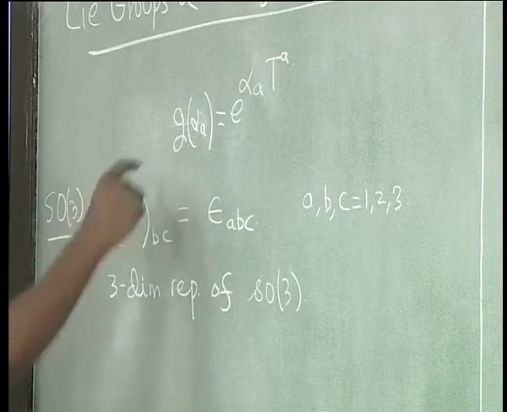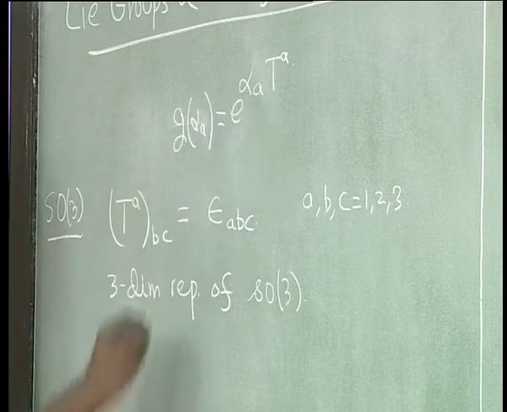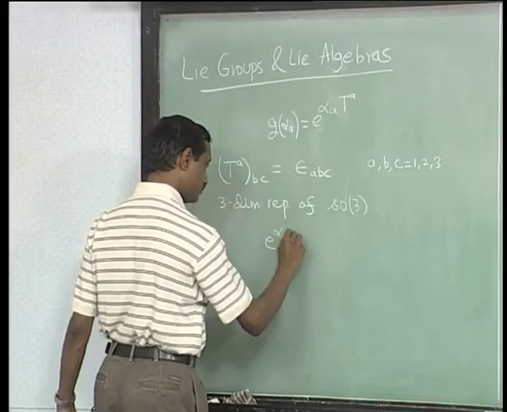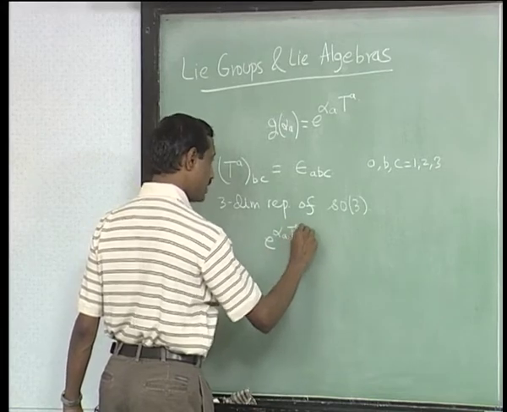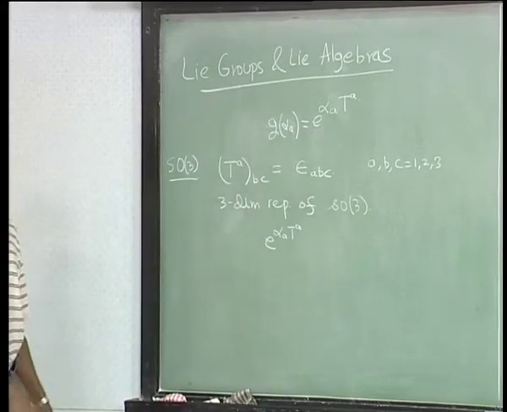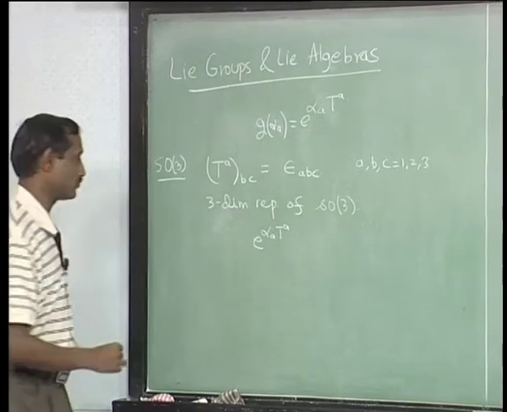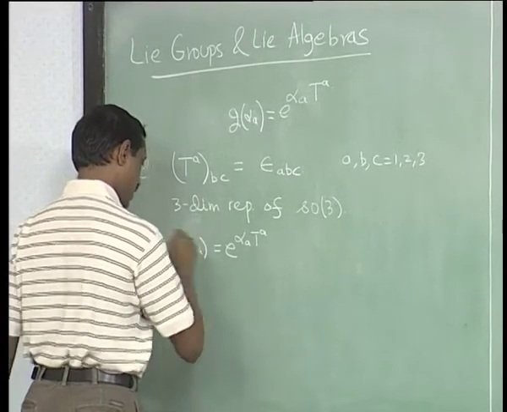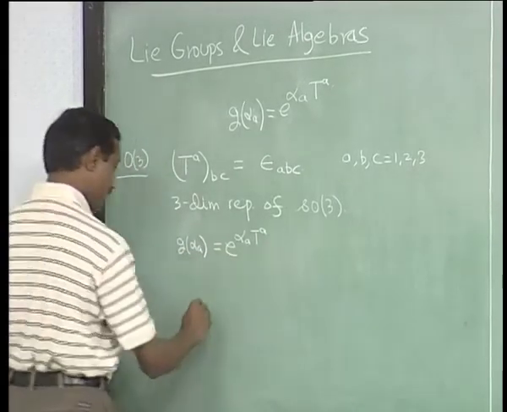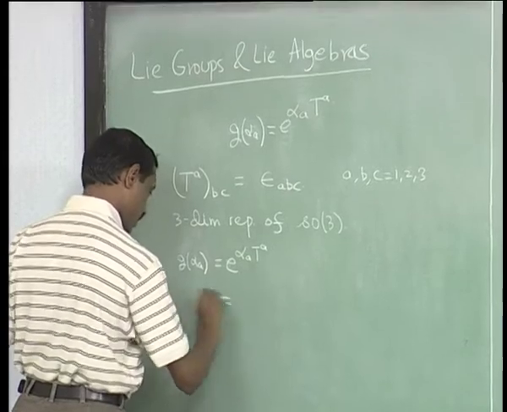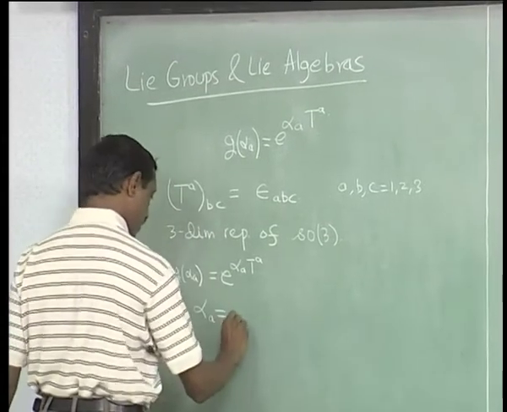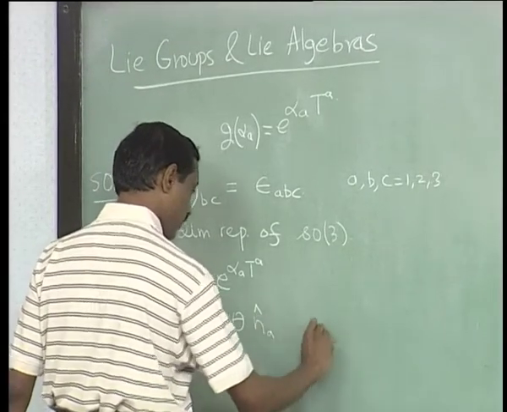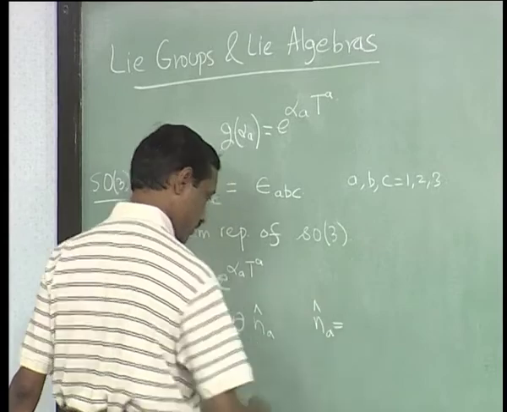So, through the exponential map, I will just write the same thing, alpha_A T^A. I am not putting an i out here, I am using the math convention just for now. This would give you G of alpha_A, and if you just go ahead and rewrite alpha_A as follows, I write this as some angle theta times n hat_A, where n hat_A is such that it is a unit vector.